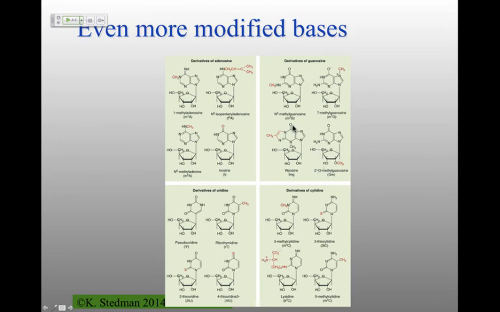And then probably one of the most famous of these is the so-called W amino acid, or wyosine. We end up with yet another ring structure which has been added to your base structure. So, of course, this is going to cause all kinds of changes in your structure, which is going to be important for the function of that particular nucleotide in your tRNA structure.